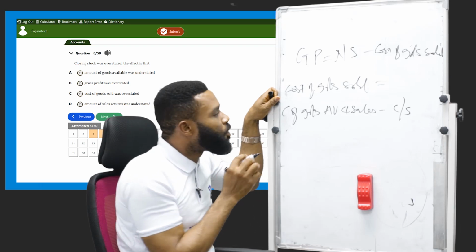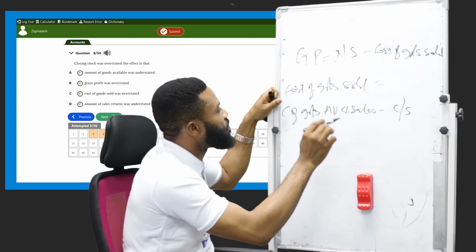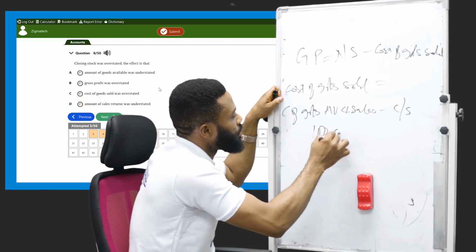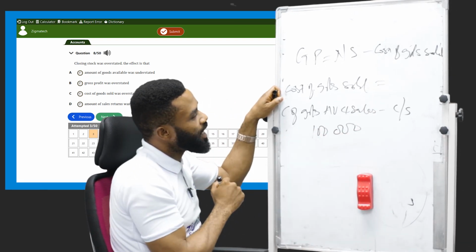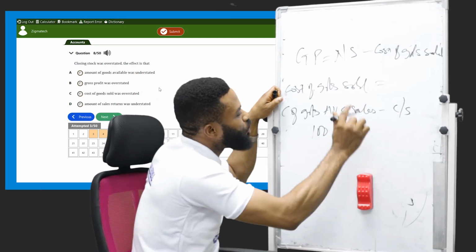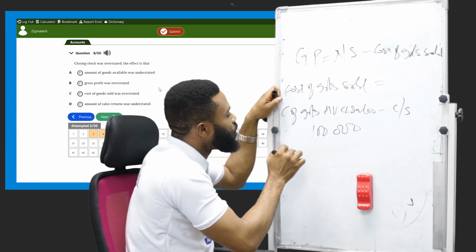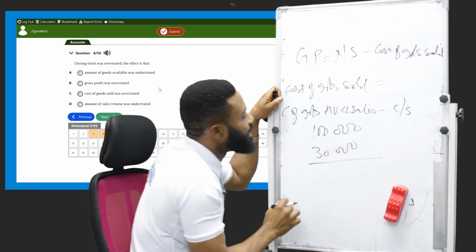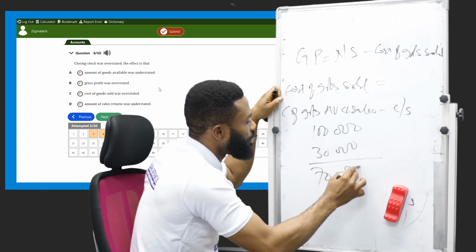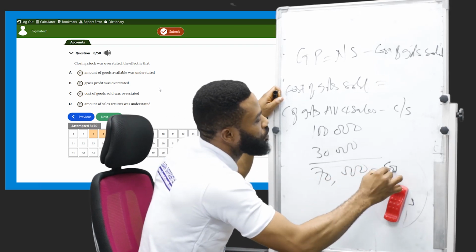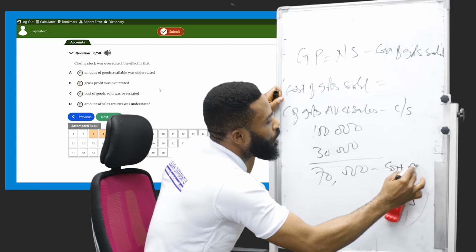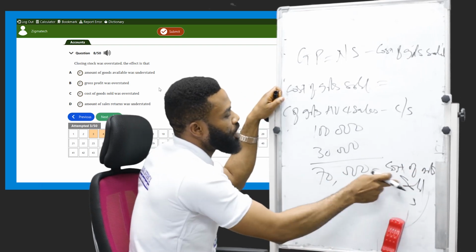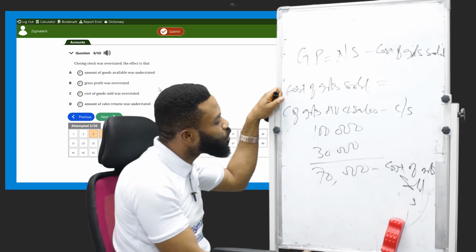Now, assuming you have cost of goods available to be 100,000, and they said your closing stock is supposed to be 30,000. Normally, this will give you 70,000 as your cost of goods sold. But the closing stock was overstated.